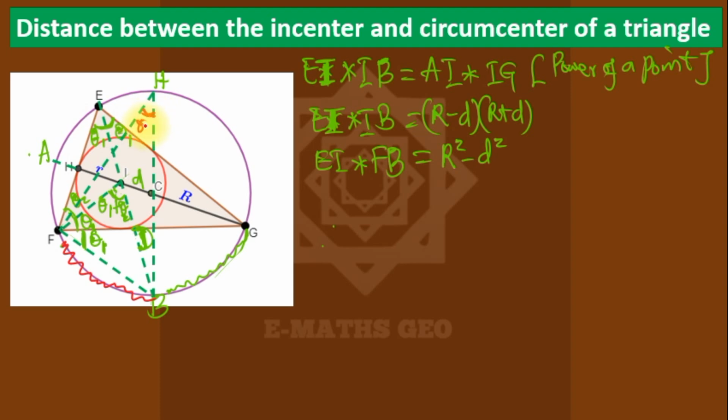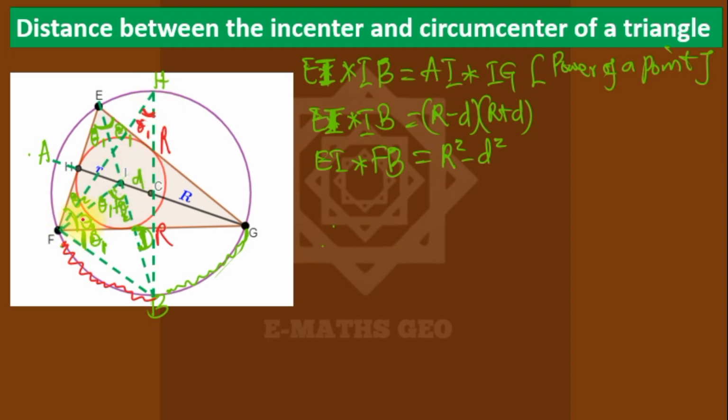So here is theta 1, because by the inscribed angle theorem, this is theta 1, the angle formed by the same intercepted arc. So they are equal. And we know that this is R, and this is also R, the radius of the big circle.